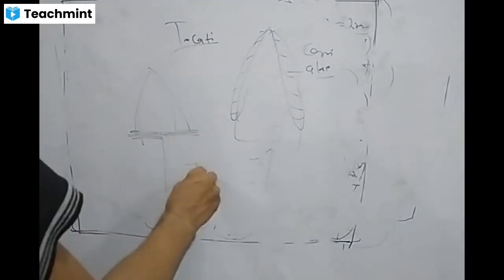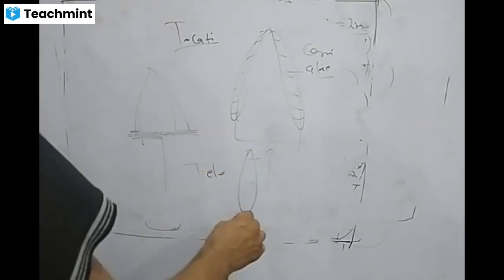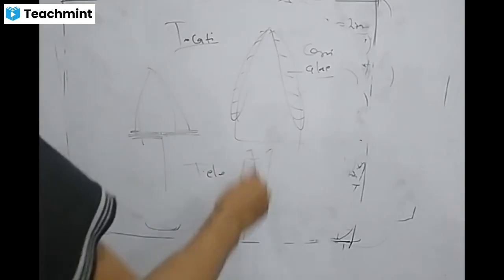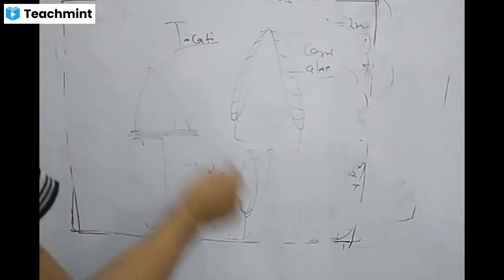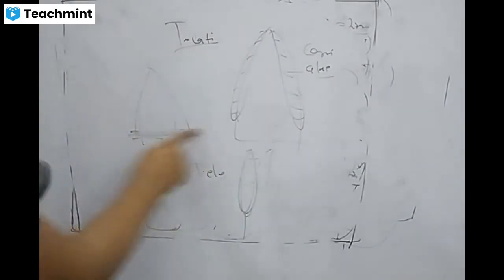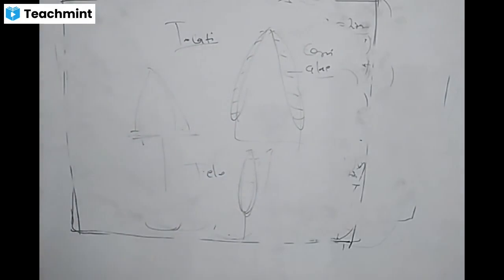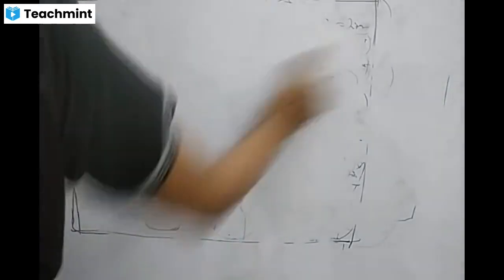But in the case of leonina, they are lanceolate, not perpendicular. This is a small difference. L for lanceolate, leonina. Cati, they are perpendicular to the body.